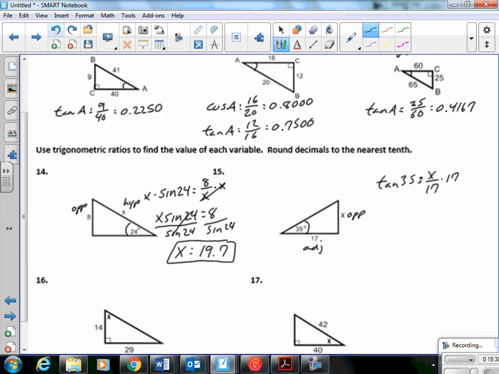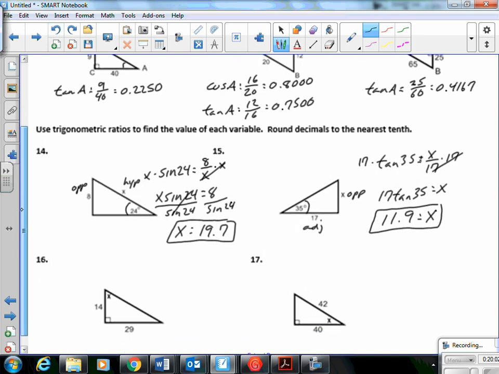Multiply both sides by the 17. Get it out of the denominator. So 17 times the tangent of 35 equals x. And 17 times the tangent of 35 is going to give us 11.9 equals x.